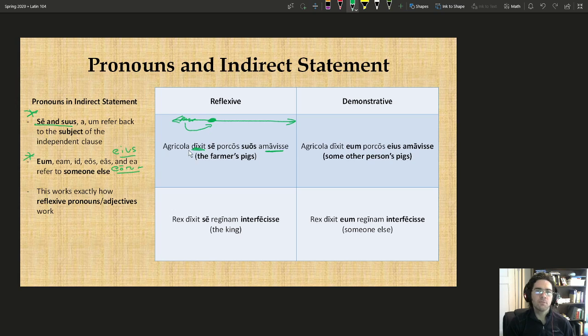So the farmer said that he, she, or it. So se is our accusative singular pronoun here, the reflexive pronoun. And then our accusative pronoun also takes this verb as an infinitive. So this is our typical indirect statement construction: accusative subject and infinitive verb. He loved, so at some point in the past, his own pigs.